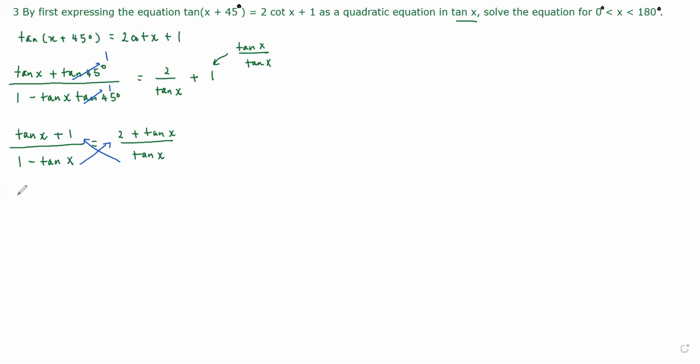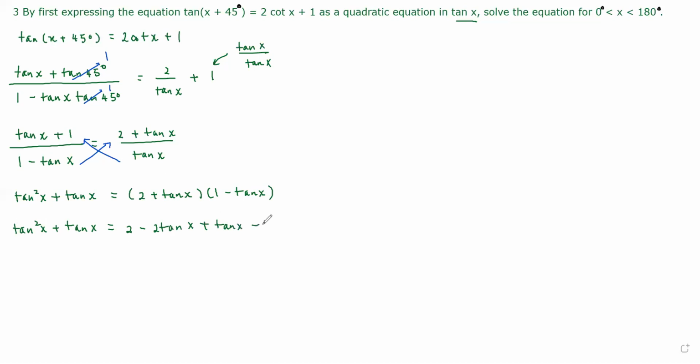On the left, we have tangent square x plus tangent x. On the right, we have 2 plus tangent x multiplied by 1 minus tangent x, which we can expand to be 2 minus 2 tangent x plus tangent x minus tangent square x.